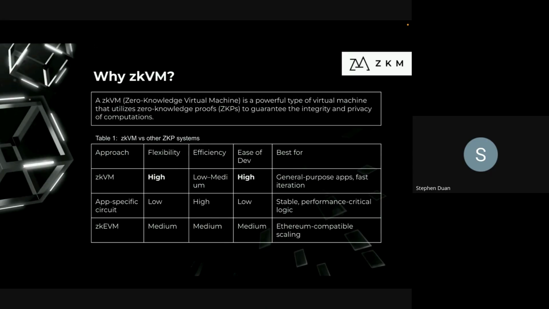Compared with other zk proof systems, zkVM can offer us high flexibility, because it's general purpose. You can use a high level language like Rust, Go, C++ to implement your circuits, and then you get the proof.